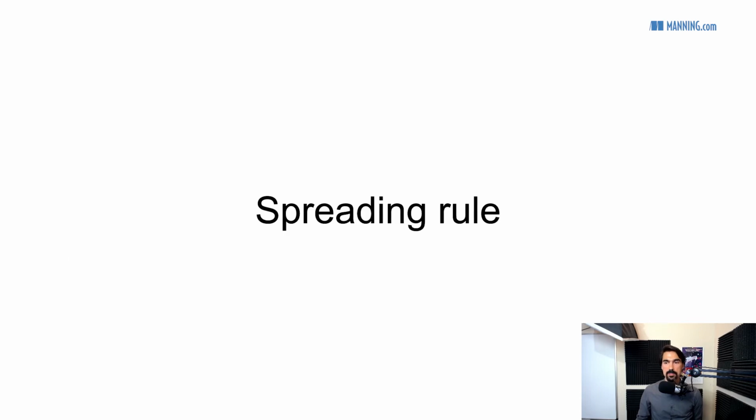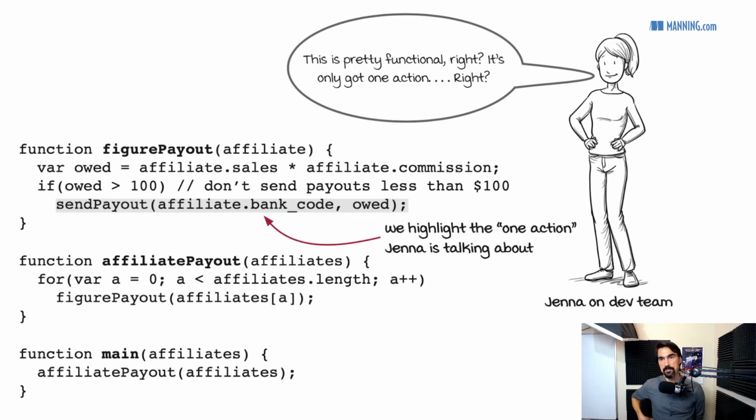All right, we're going to talk about the spreading rule. So let's imagine this programmer has some code and she can correctly identify that this function called send payout is an action. We should go through what the code does. So down at the bottom, there's the main function, and it calls affiliate payout with the affiliates.